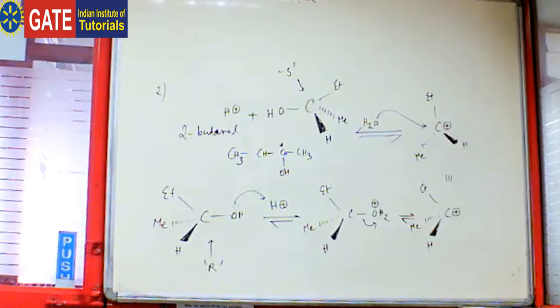Not only in the presence of H plus, it also happens in the presence of a Lewis acid. If I tell you a Lewis acid like SbCl5, optically active alpha-phenethyl chloride racemizes when the compound is warmed with antimony pentachloride.